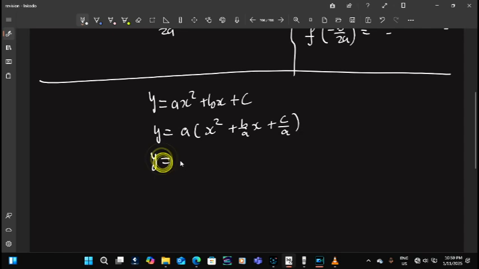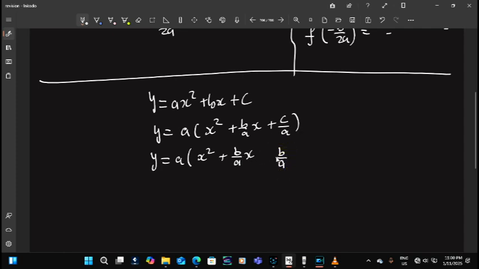So y is equal to a into, so I have x squared plus b over a x. Now I'm going to complete the square. We must check the coefficient of x, multiply it by half, and square it. What is the coefficient of x? It is b over a.